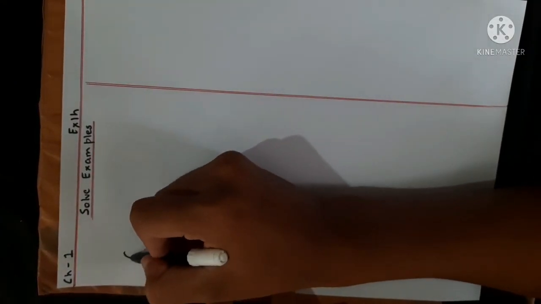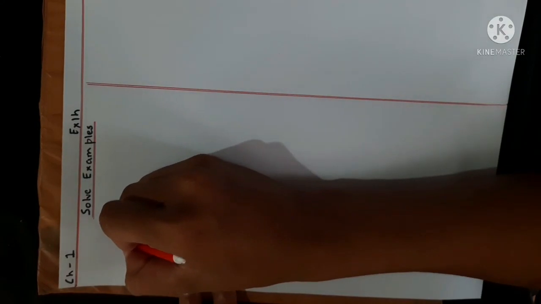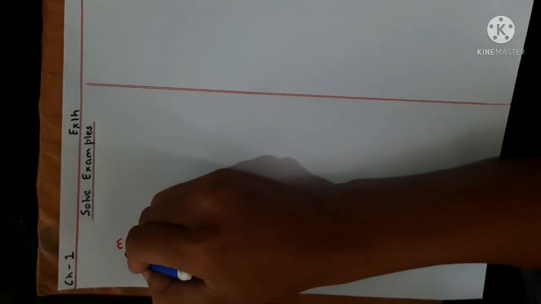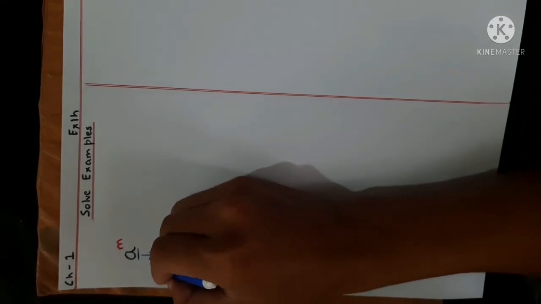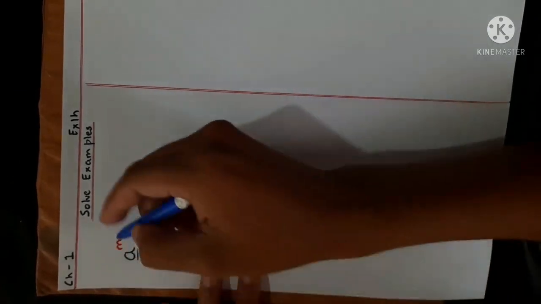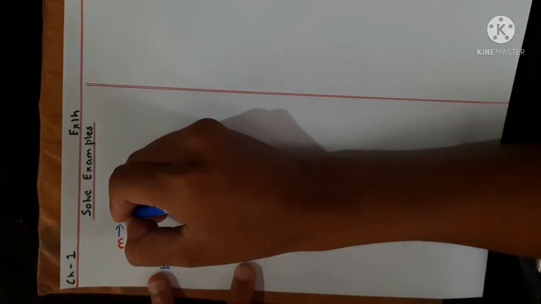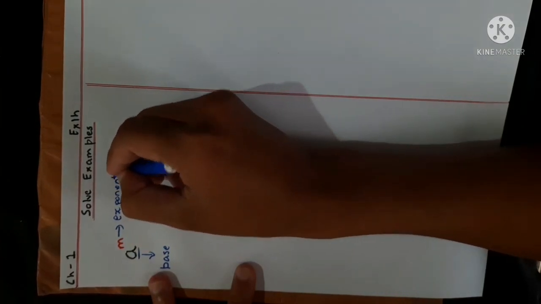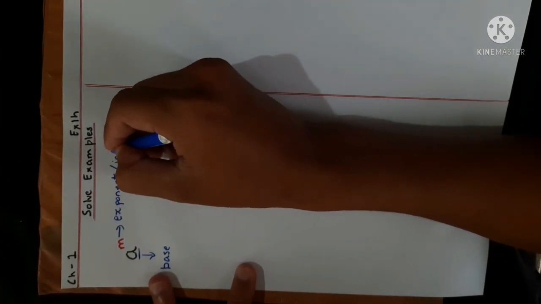So if I have a raised to the power m, here this a is known as the base, and the m is known as the exponent or the index.